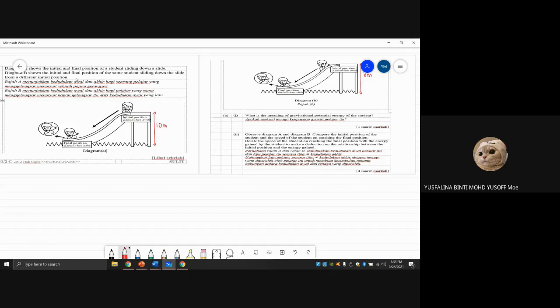Sometimes every question asks you the meaning, so you have to remember the meaning of all the physical quantities that you learned. For A1, do you still remember what is the meaning of gravitational potential energy?